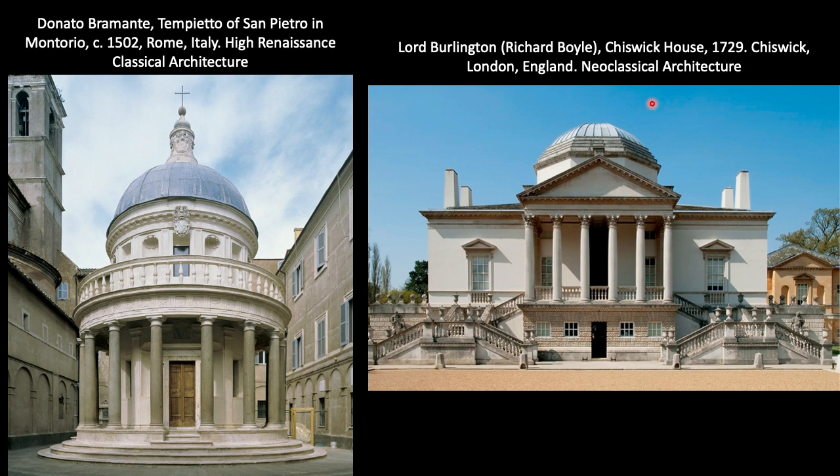The Romans very quickly adapted Greek styles and added their own architectural elements. Rome's innovations then influenced later styles of architecture in the Renaissance and Baroque, so during the 15th, 16th, and 17th centuries in Europe. For example, on the left here, we have the Tempietto of San Pietro in Rome, which was designed and constructed by one of the great architects of the High Renaissance, Donato Bramante.